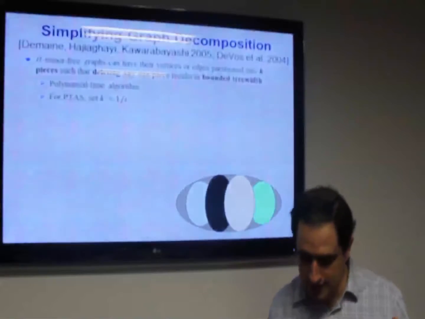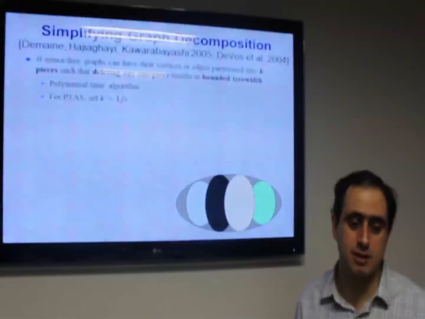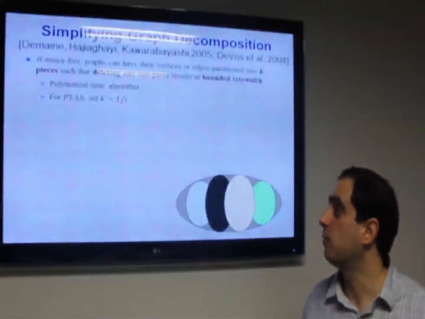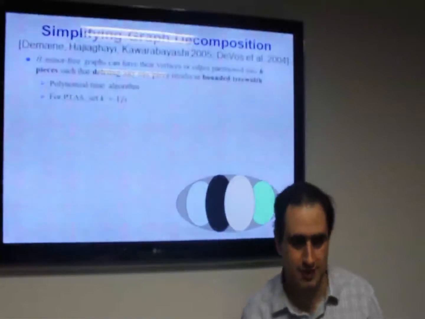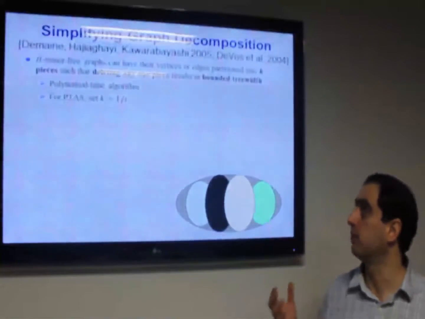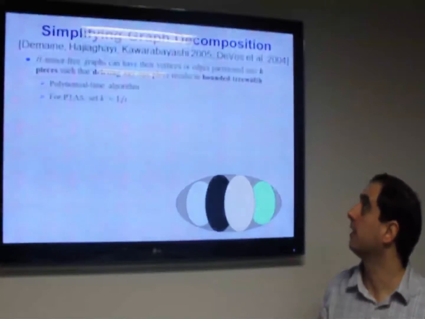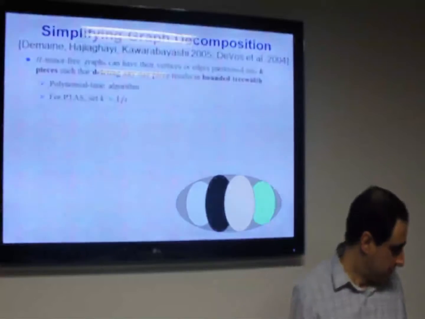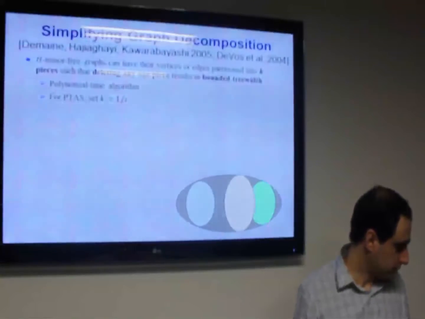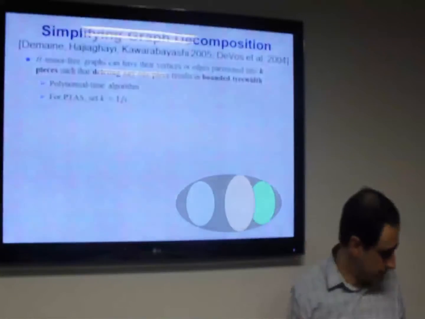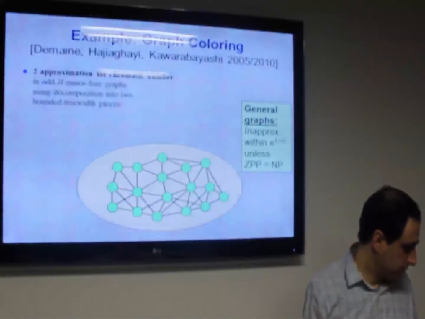So if you want to get a 1 plus epsilon approximation for a problem, then you will put k somehow proportional to 1 over epsilon. You will see some example later. Okay, so that's the first simplifying graph decomposition. Here, as you see, for example, we have deleted this one, then the rest have bounded treewidth.